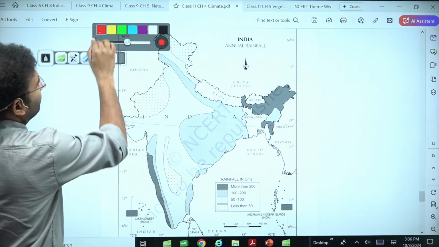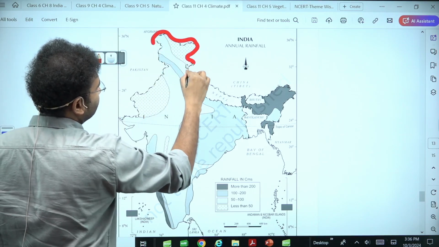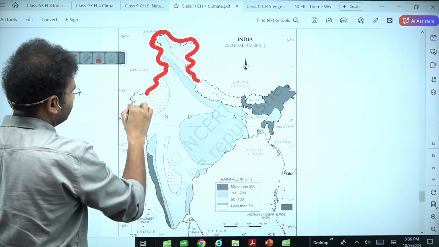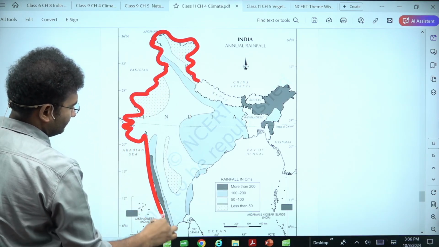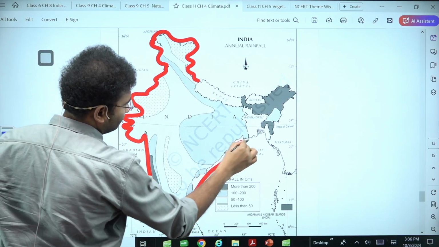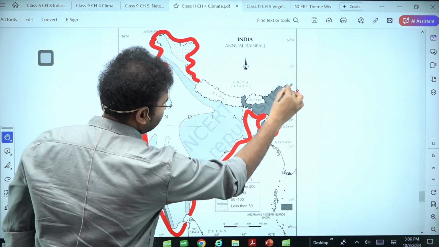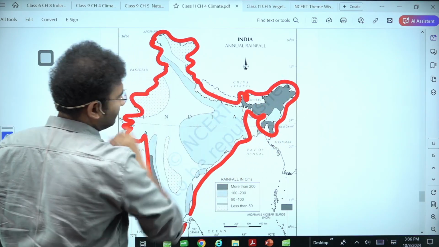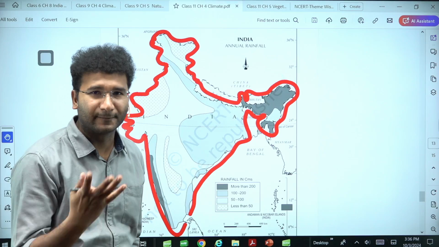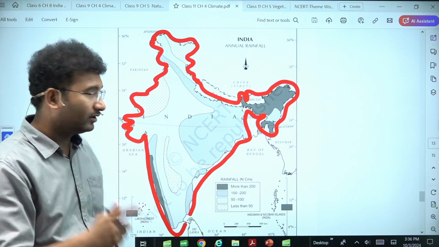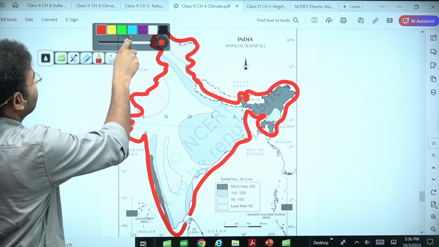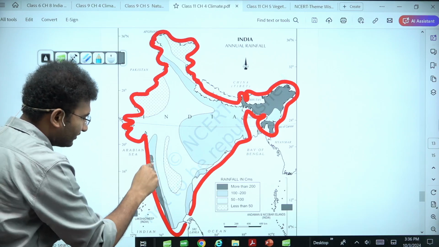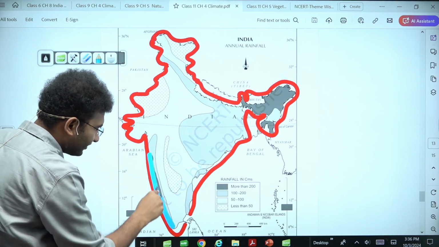So let me highlight this map. Let's imagine this is your India. Now the highest rainfall is always seen in these 2 areas. Let me blue it. This is the area of highest rainfall.